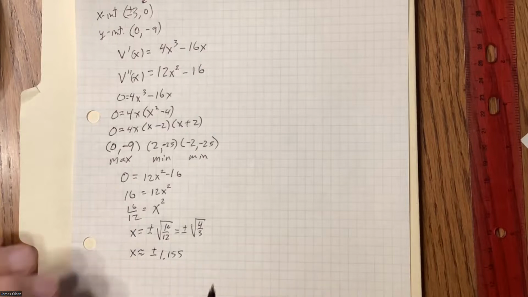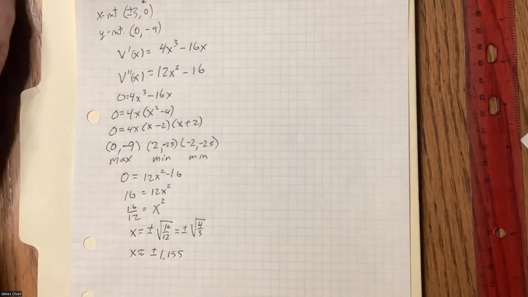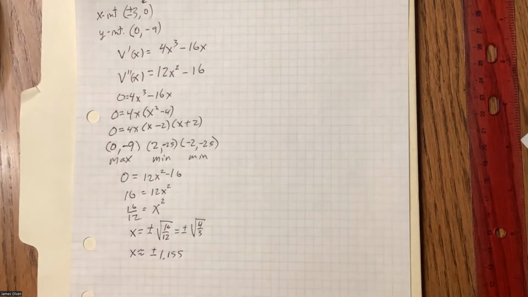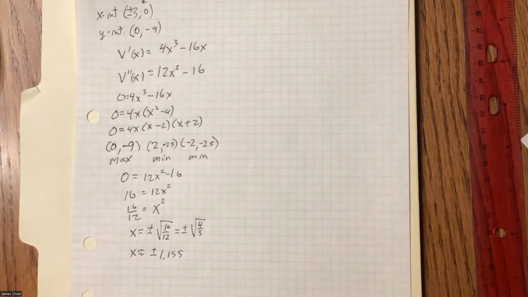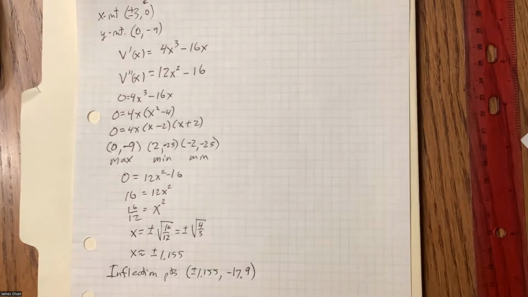So these are going to be the inflection points. And let's substitute in to get the y value in the original equation. And we get negative 1.1 and negative 17.9. Sorry, I'm being a little inconsistent on my rounding. I'm rushing a little bit. So now we're ready to make the graph.